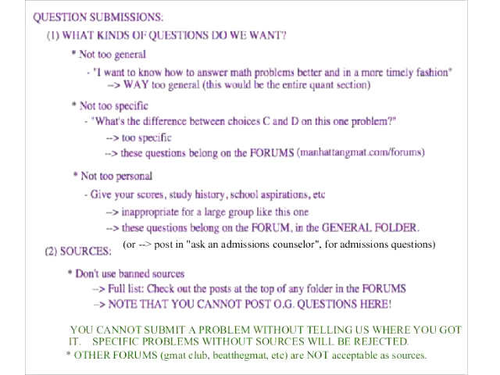Forums are where people post problems that they got from somewhere else. So we need the original source of the problem, where, like, the people who actually wrote it.